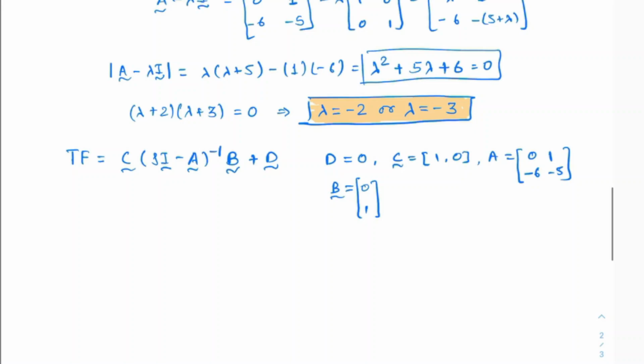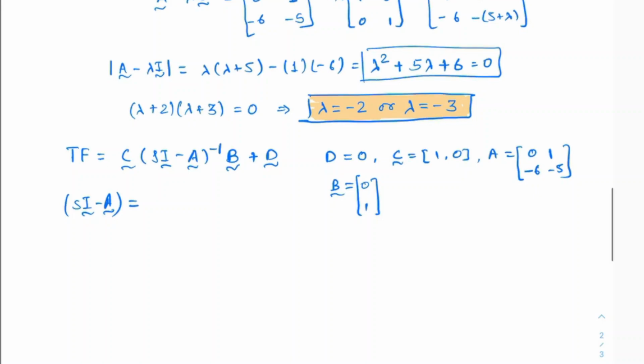First let's write sI minus A and take its inverse. So we have s, minus 1, 6 and s plus 5.